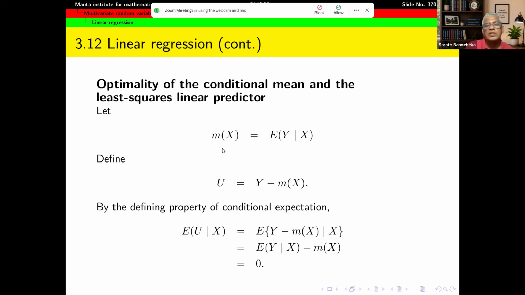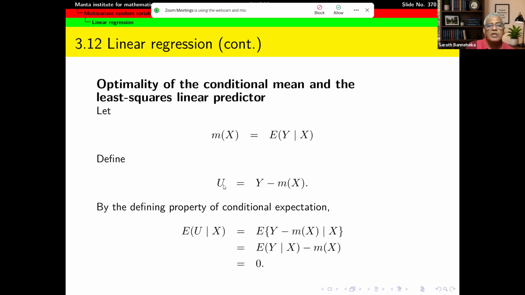So let us denote the expected value of y given x as m(x), right? We know that the expected value of y given x is always a function of x, so let's denote it by m(x). And also define u to be y minus m(x). So u is equal to y minus the conditional mean of y given x.